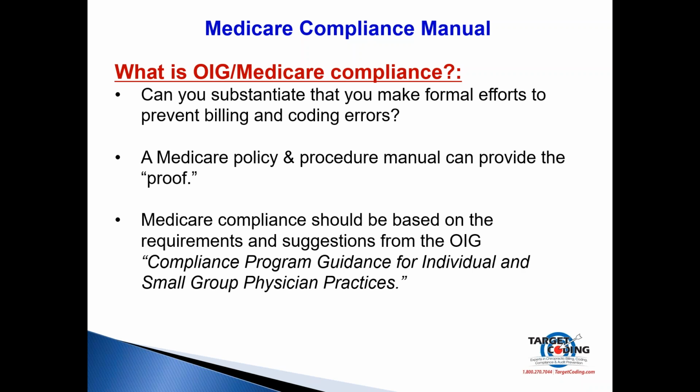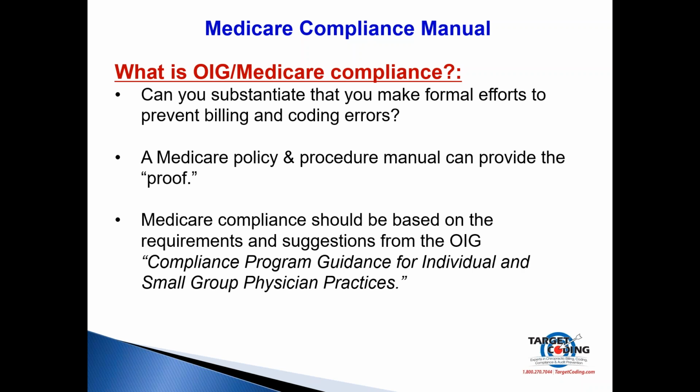So if you were ever questioned, how do you prove that you're making formal efforts to prevent billing and coding errors? Well, a billing and coding procedure manual can provide the proof. Now, when it comes to Medicare compliance, it should be based on the Medicare suggestions on putting together a compliance program.